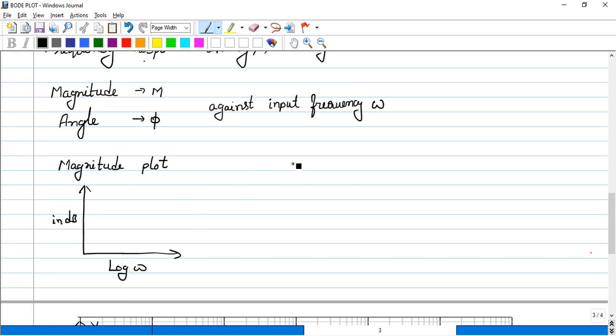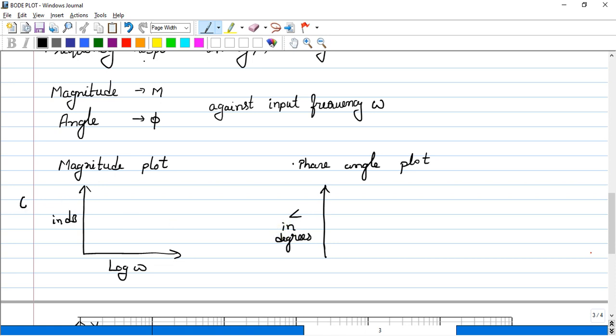Similarly, we draw the phase angle plot, where the y-axis will be the angle in degrees.